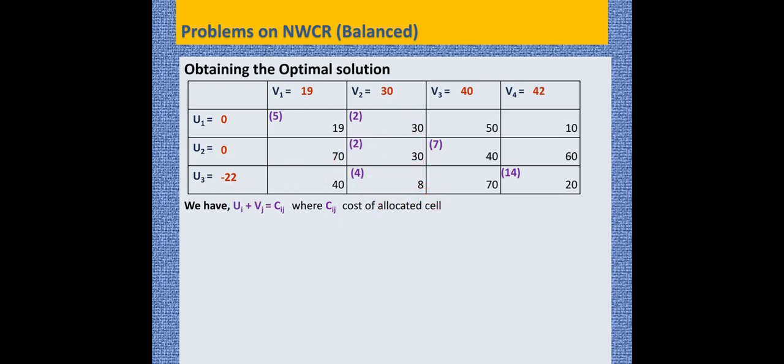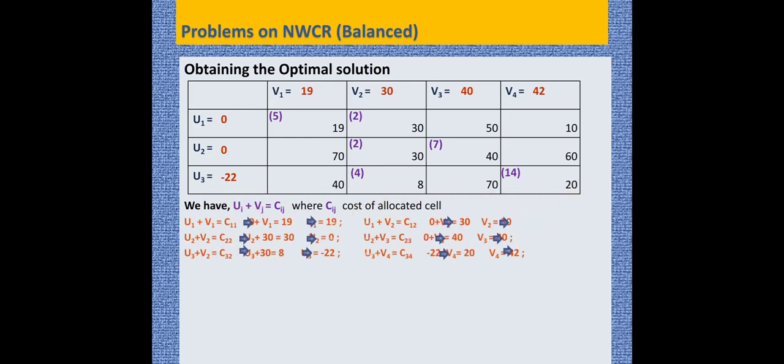So now I'll get v4 is equal to 42 because u3 plus v4 is equal to 20. u3 is minus 22, so v4 will be 20 plus 22, that is 42. That has been explained here. That is how I got the values of v2 and all. So just go through that. This PPT will be shared for you for your reference.